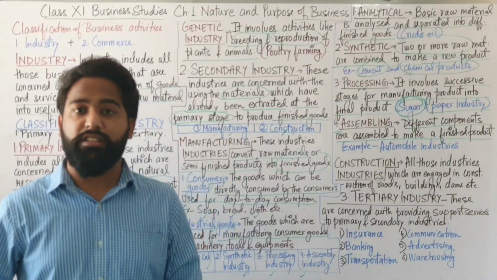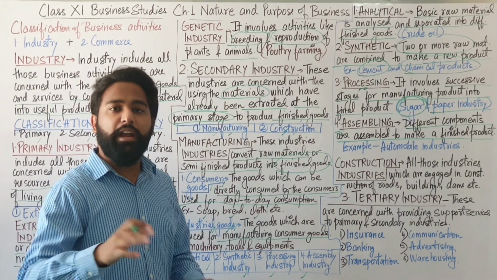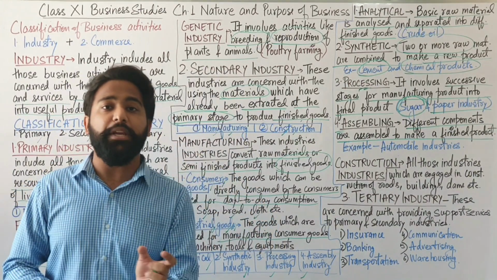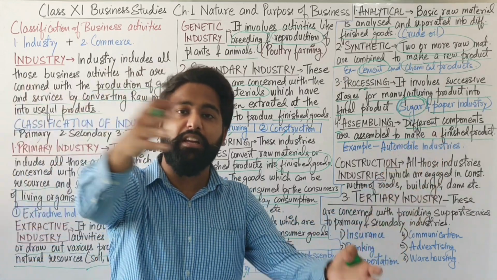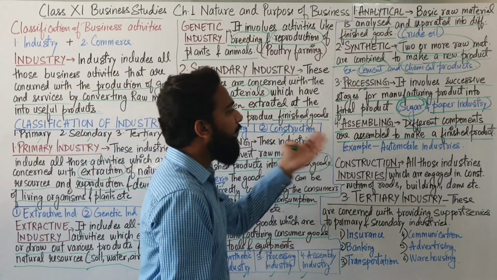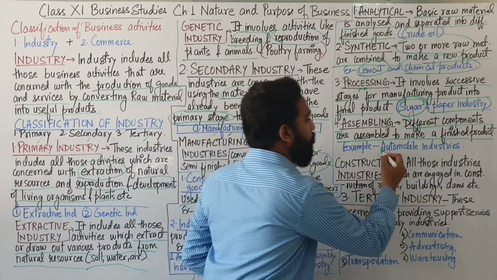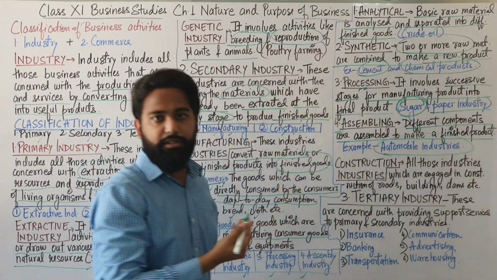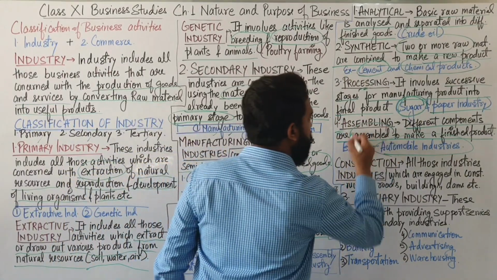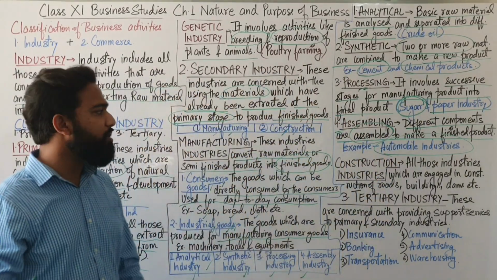The seat covers, the seat, the music system, and all the different stuff are made by different manufacturers. The company just assembles different things into one final good, and that is the assembling industry. For example, the automobile industry, the car industry, the bike industry. Different components are assembled, keyword assembled, to make one finished product.